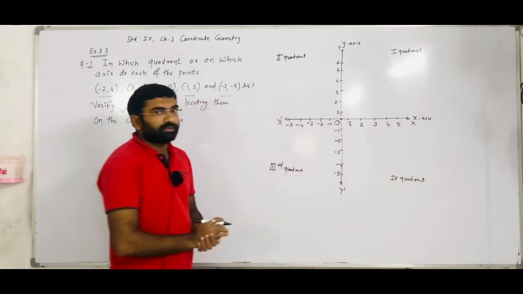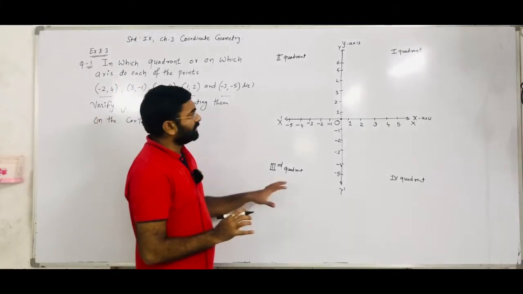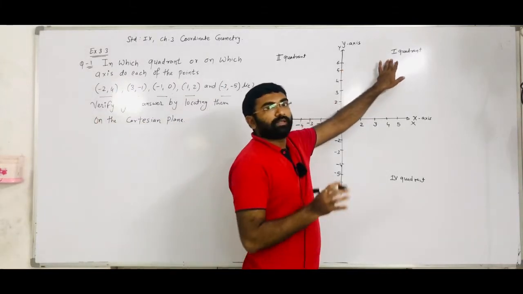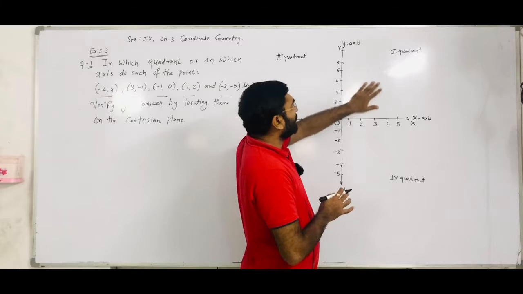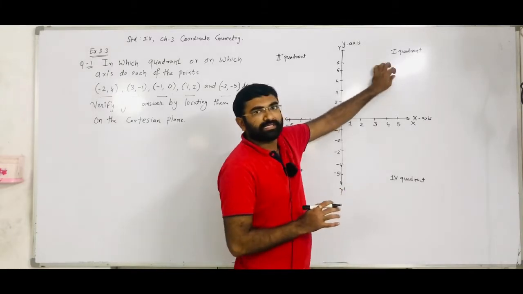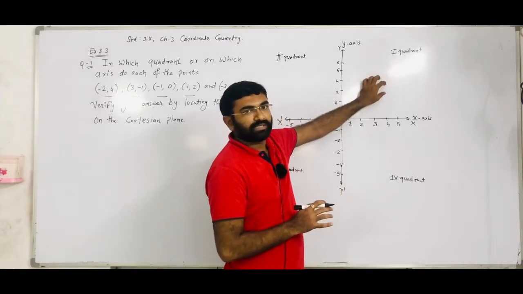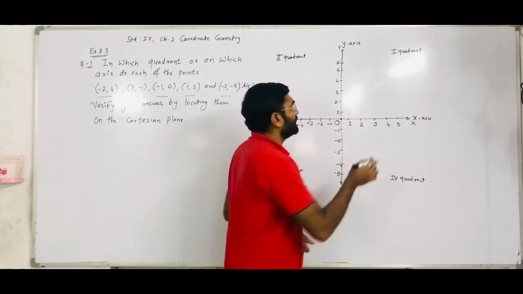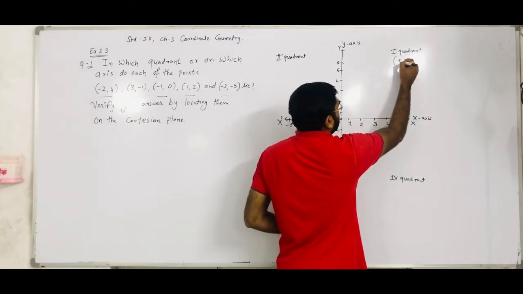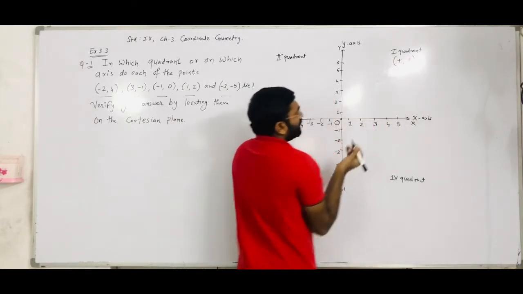Another thing we discussed: in the first quadrant, for any point that lies in that area, the abscissa sign and the ordinate sign, or the x coordinate sign and y coordinate sign, are always plus. Why?